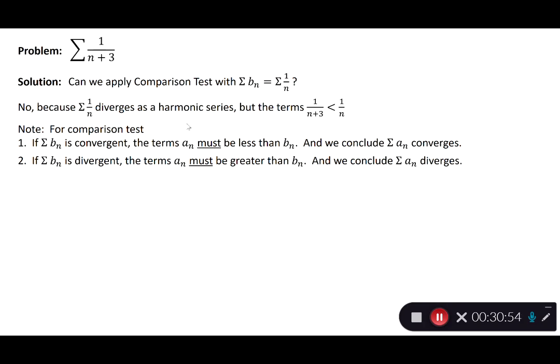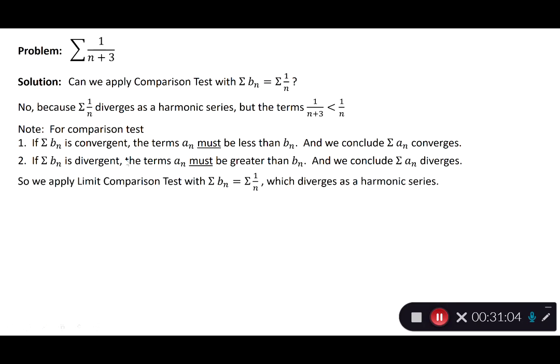But if you look at the handout, right after the regular comparison test is what's called the limit comparison test, right? We can apply that one. What do we pick for sigma b sub n? Again, remember the two conditions that the sigma b sub n that you pick should satisfy.